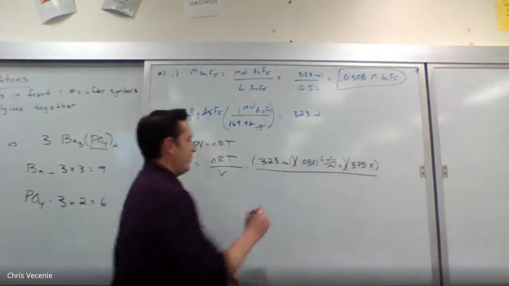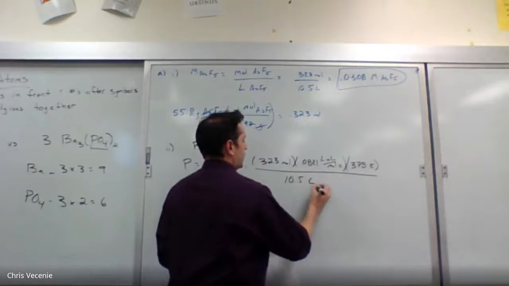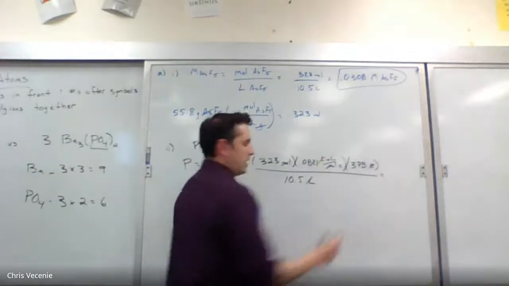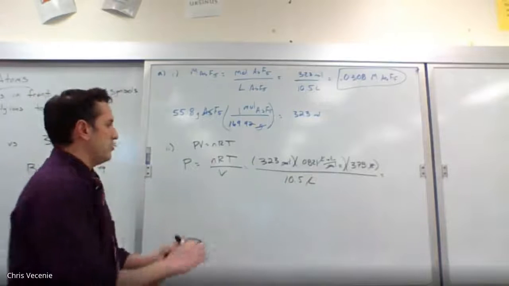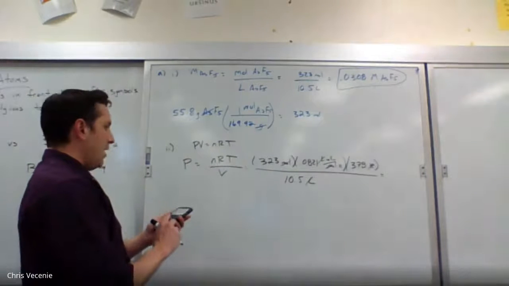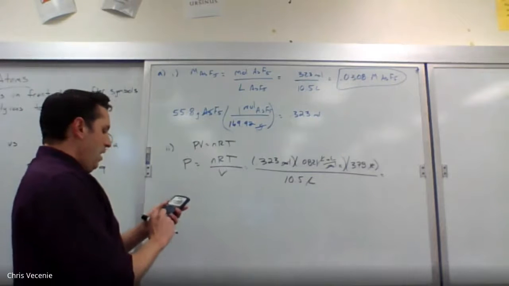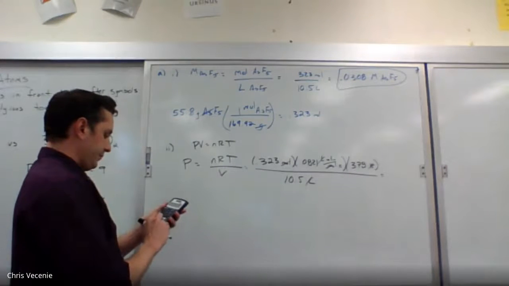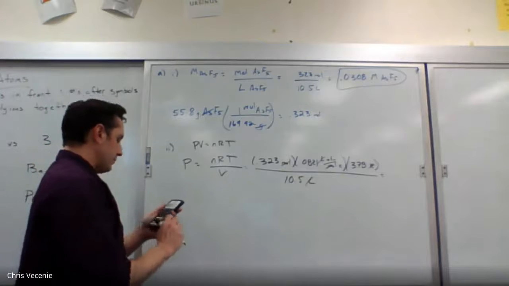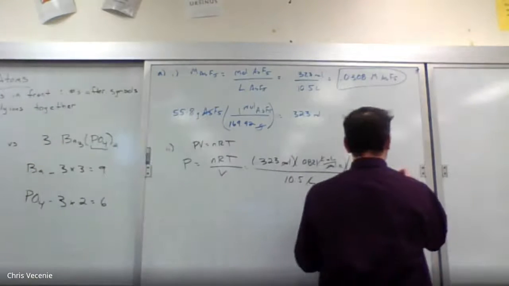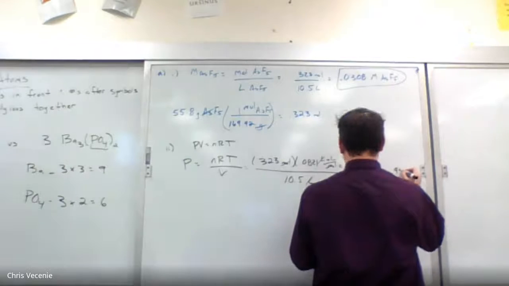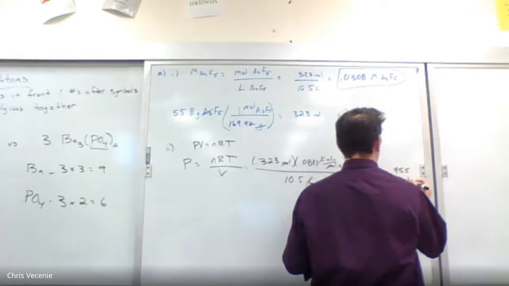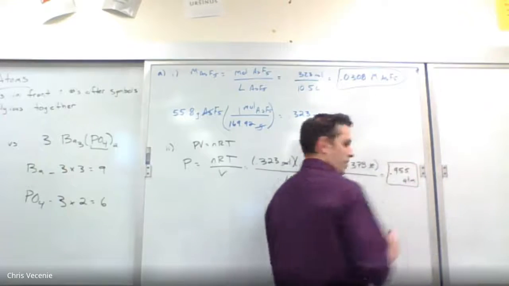On the bottom, we have our volume, which is our 10.5 liters. So moles goes, liters goes, Kelvin goes, and now we just do some math. So if we're looking at the pressure here, it feels like 0.955 atmosphere for this.